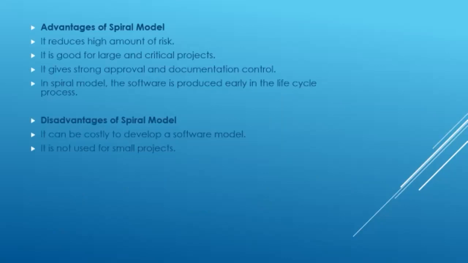That means in a spiral model, the software is produced early in the life cycle process. There are some disadvantages of the spiral model. It can be costly to develop a software model. That means the spiral model is simply costly and it is not used for smaller projects.